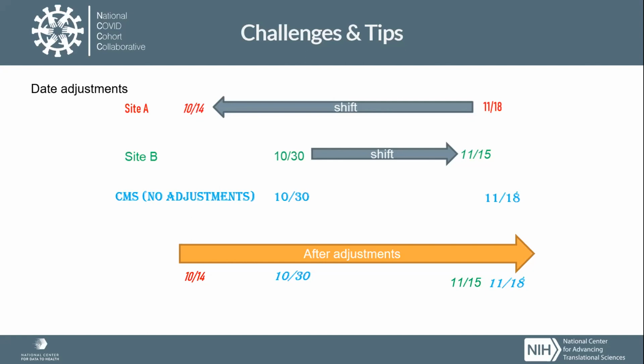There is a letter out to all those sites, making sure that their data trust is okay with us linking with their sites, because we would be able to discover how many days they shifted for the data that exists in the claims.